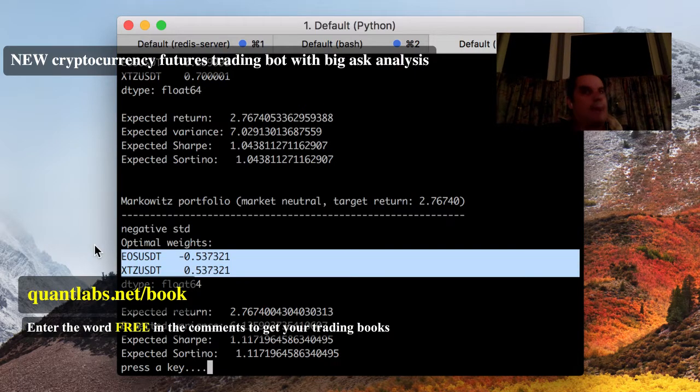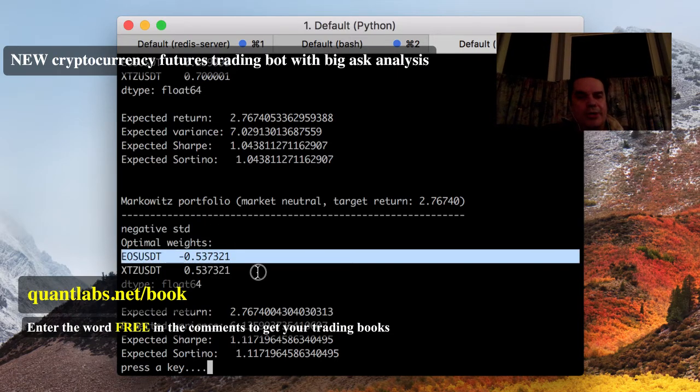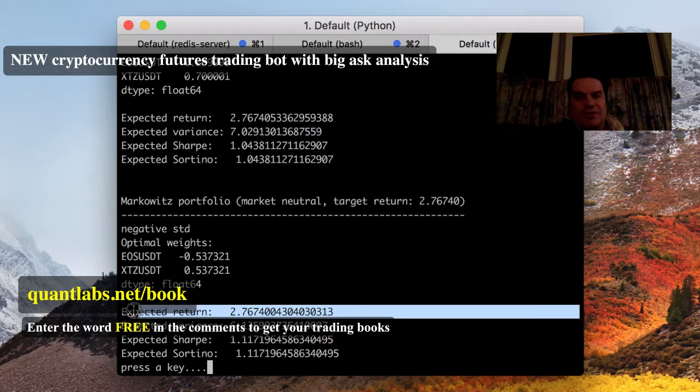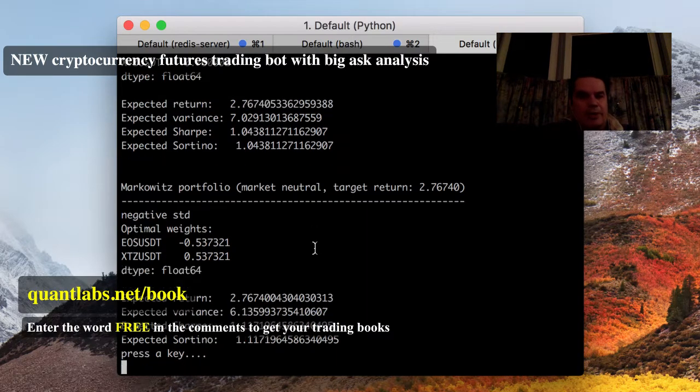I put up a link on that in my blog showing how to do it. It's basically a sell. You do a short on EOS and a long on XTZ, and technically you could get a 2.76 return. So it's really the same. And again, this is just expected, just theoretical, so don't bet your farm on it.